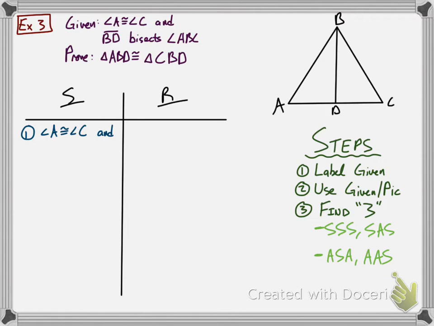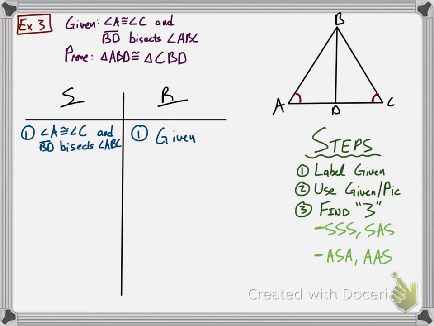And we also know that BD bisects angle ABC. And our reason for the first step is always given. So I want to start out by showing that angle A and angle C are congruent with some marks.